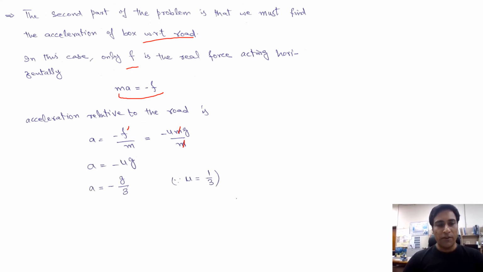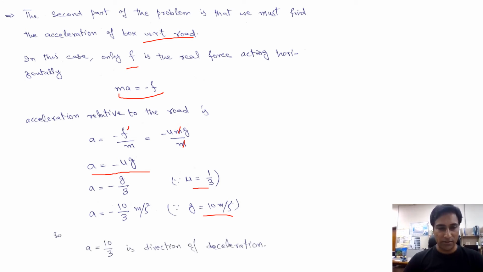So finally our equation is a is equal to minus mu g, and we know that mu is equal to 1/3. So a is equal to minus g over 3, and g is equal to 10 meters per second squared. So the acceleration a is equal to minus 10 over 3 meters per second squared.